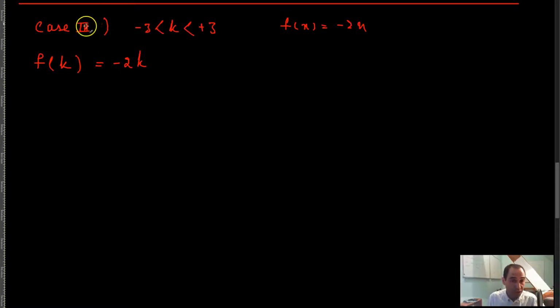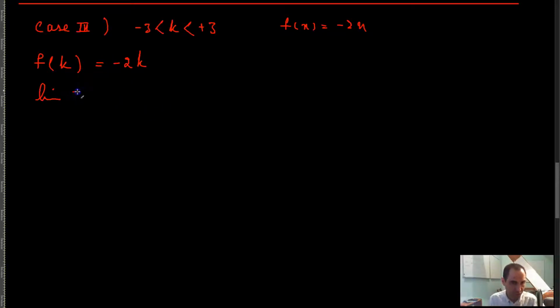So which means that if k is some number between -3 and +3, then f of x is equal to -2x, and therefore f of k is equal to -2k. Remember that I'm working with an interval, so I don't have to worry about getting closer from the right and left, so I can just simply calculate the limit.